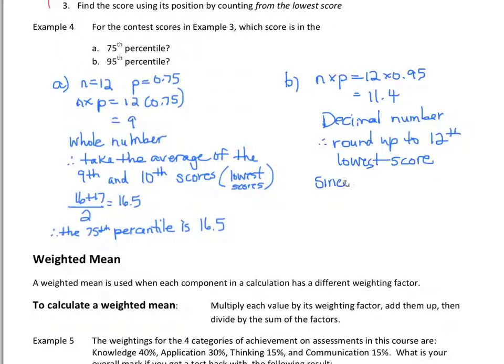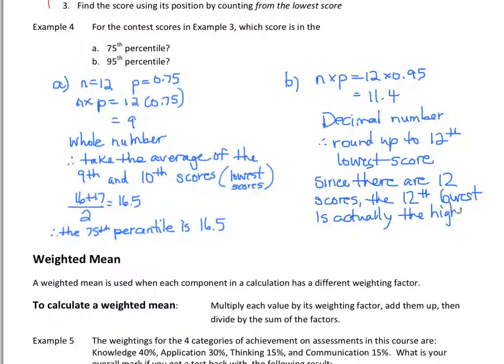Since there are 12 scores, the 12th lowest is actually the highest score, which in this case was a score of 19. So we'll say, therefore, the 95th percentile is 19, a score of 19.